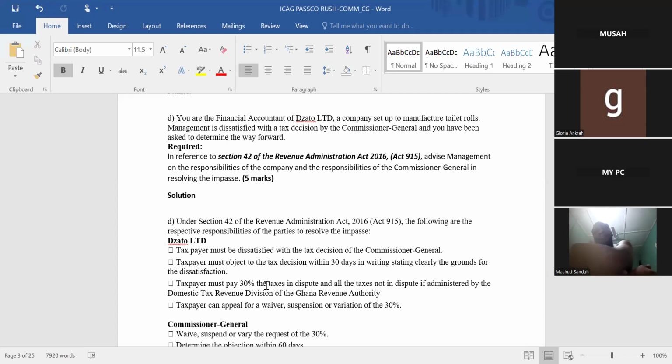And say, okay, now let's move from the provisional assessment to self-assessment. Now sit in your office and give us what you think you can make. And that is why, as we speak, all companies have shifted from the provisional assessment to the self-assessment. Now, with the self-assessment, you are supposed to sit down and evaluate yourself, come out with your estimated chargeable income, charge the tax, divide it by the quarters, and each quarter you pay.